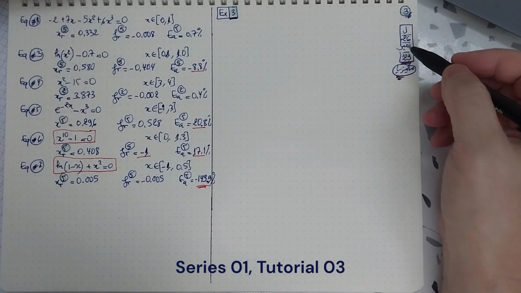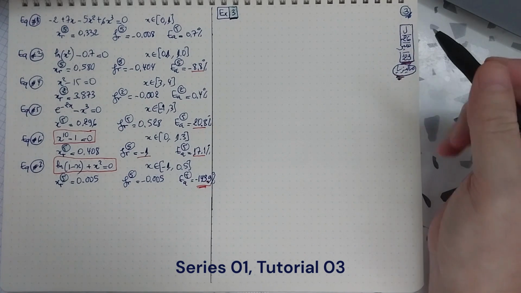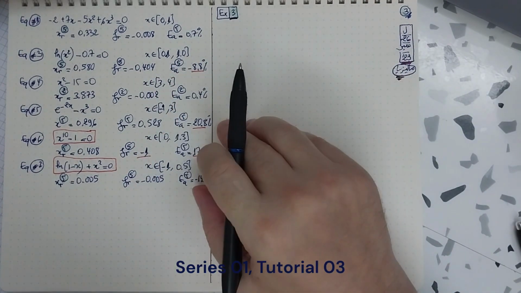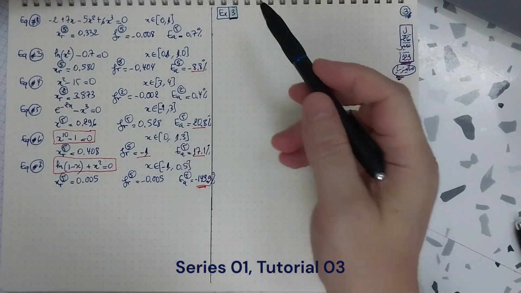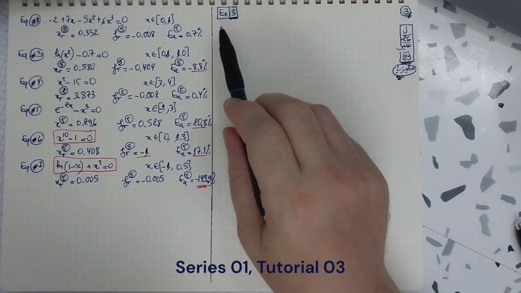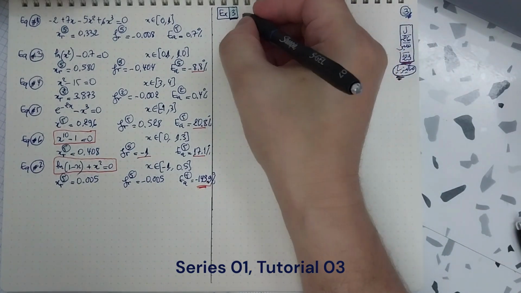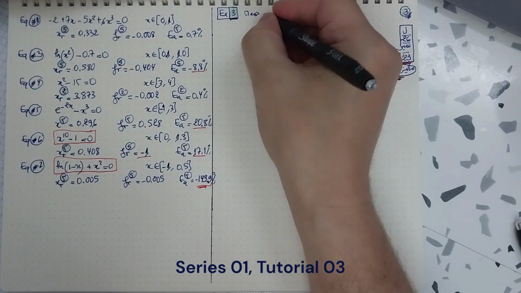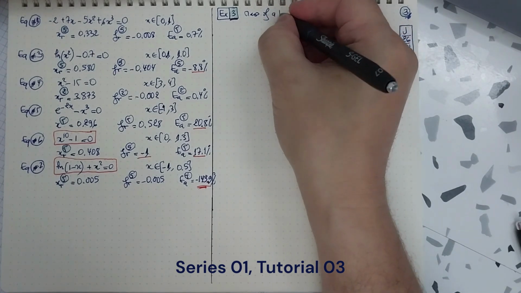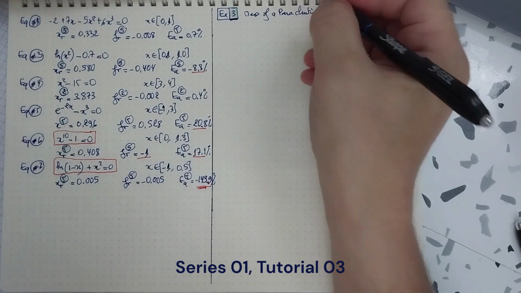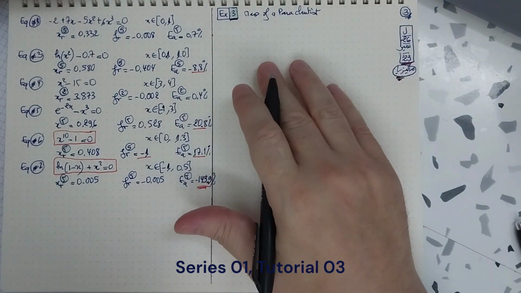Tuesday 26th September 23. So we are in series number 1 of chapter 1, the root of an equation, and we will solve exercise number 3, the mass of a parachutist. Let us first make a pause.